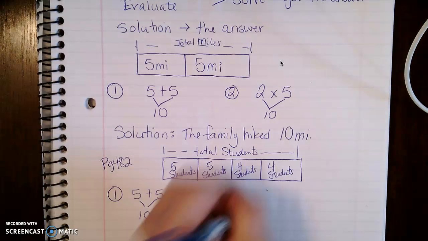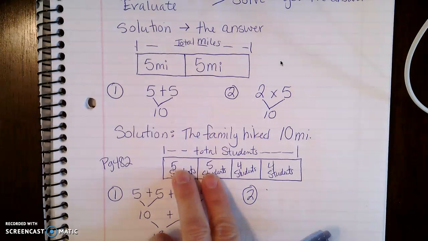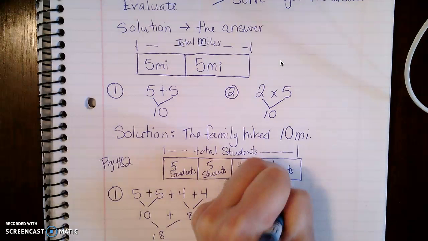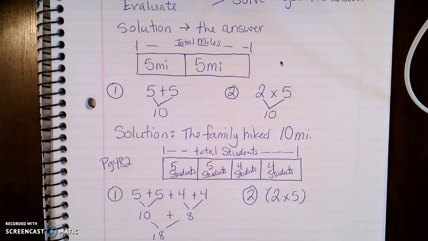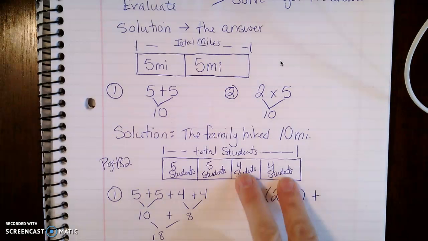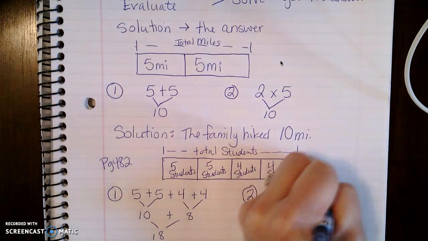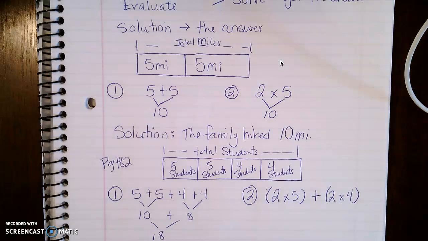The second expression I could make would be to use my repeated addition to create some multiplication. For this, I could do 2 times 5, and I would put parentheses around it because those are my 2 groups of 5 students, plus I could do 2 times 4, and again I would put parentheses to show that those go together.